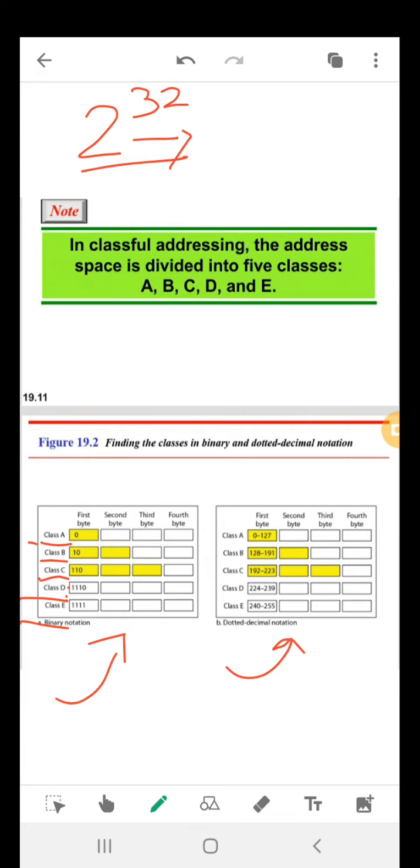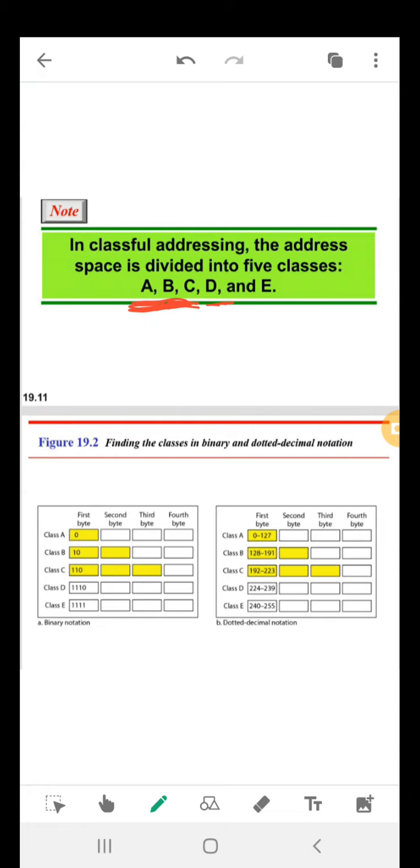These 5 classes are also divided into 3 categories. The IP addresses that belong to classes A, B, and C are assigned to hosts, that is, used to identify a device uniquely in the network. Class D IP addresses are used for multicasting. That is, to put a group of devices into one group, and if we want to send a message to all the members of the group, then all the members of that group will share one IP address, the multicast IP address.